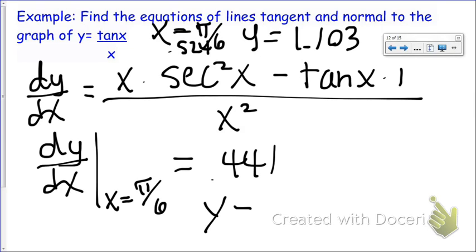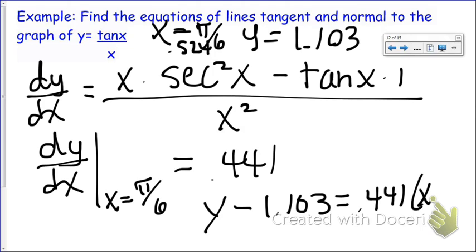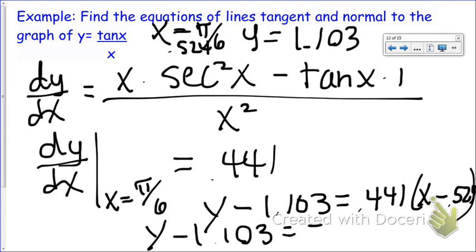Y minus the y value equals slope, x minus the x value. And if we do the same thing for a normal line, we do the opposite reciprocal slope. Y minus the y value, negative 1 over 0.441, x minus 0.524. And that one's done.